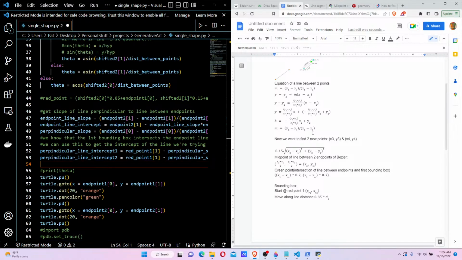So move along distance 0.35 times d1 to get the first corner on the bounding box, and then after that you want to move along the same line, distance, and this time it's just minus 0.35 times d1, and that's because you want to go in the opposite direction.